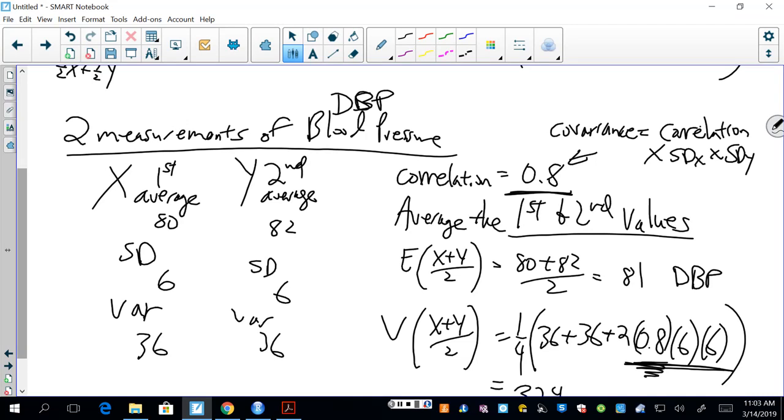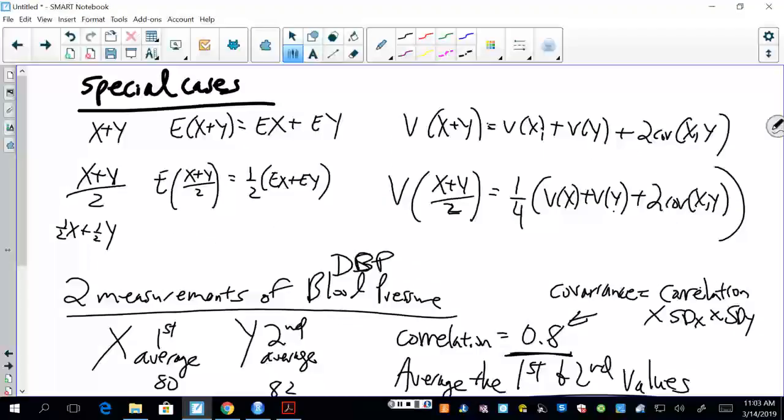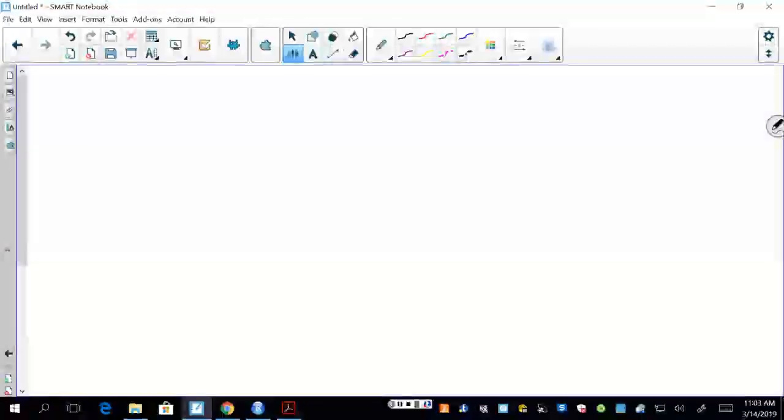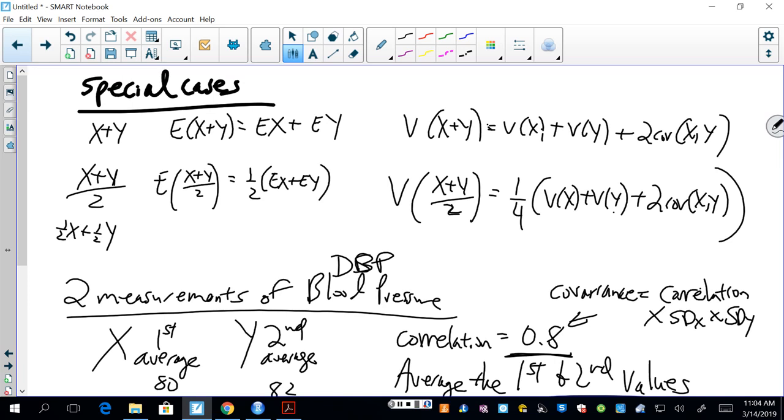Any questions? So that's how the formula works for one of these examples. As a conclusion: generally, it's good to take averages.